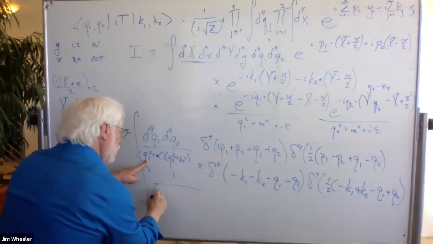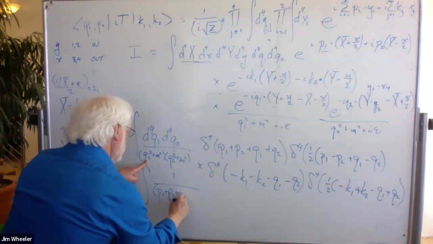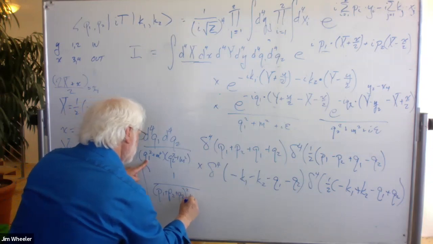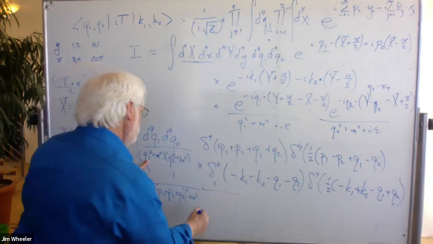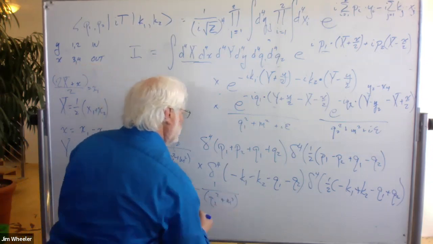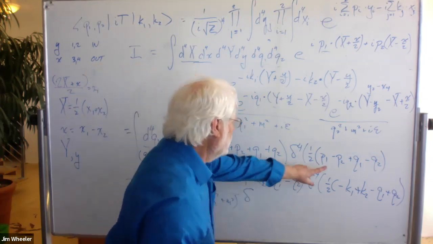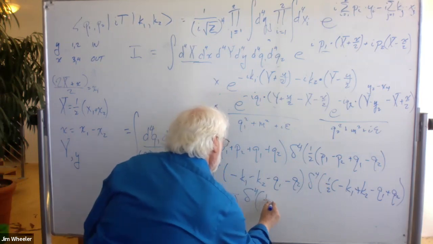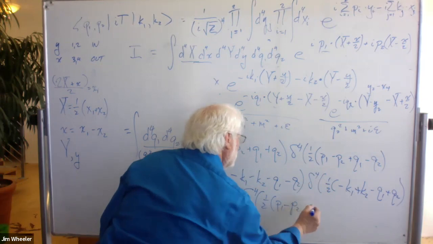The minus will square away, so p1 plus p2 plus q1, q2 squared plus m squared. Then we have q2 squared plus m squared. And then this delta function is going to become, right, we have a half p1 minus p2.